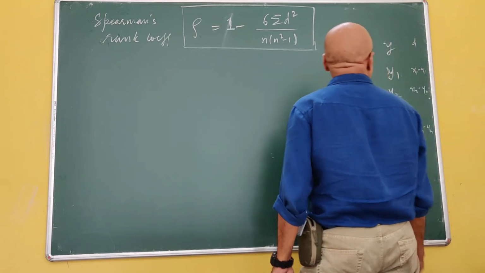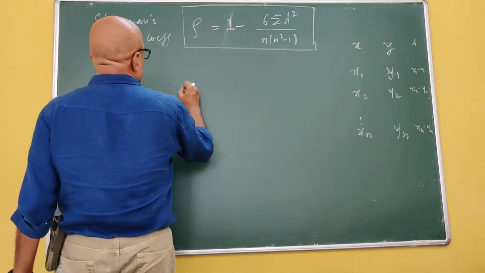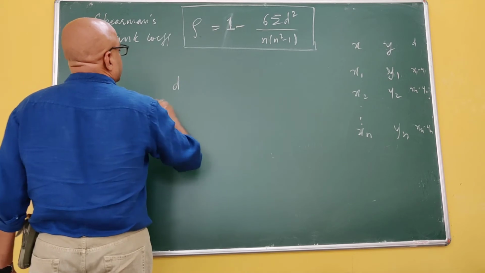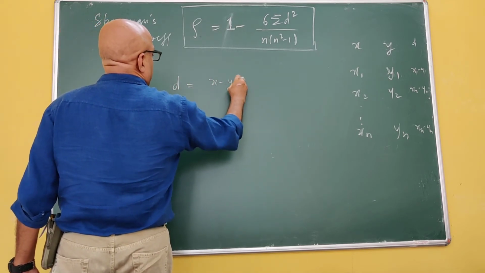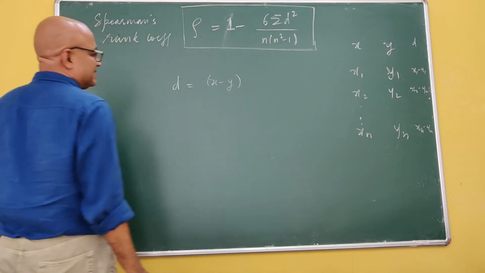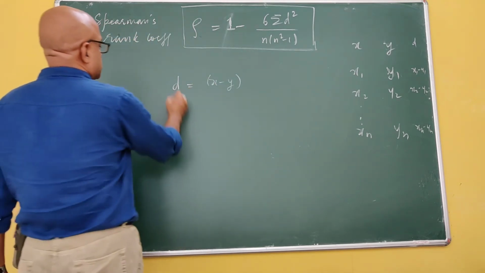That's d variable. D is a variable. And d square becomes obviously so. D is nothing but x minus y. The sum of that. Because there is a sum here.